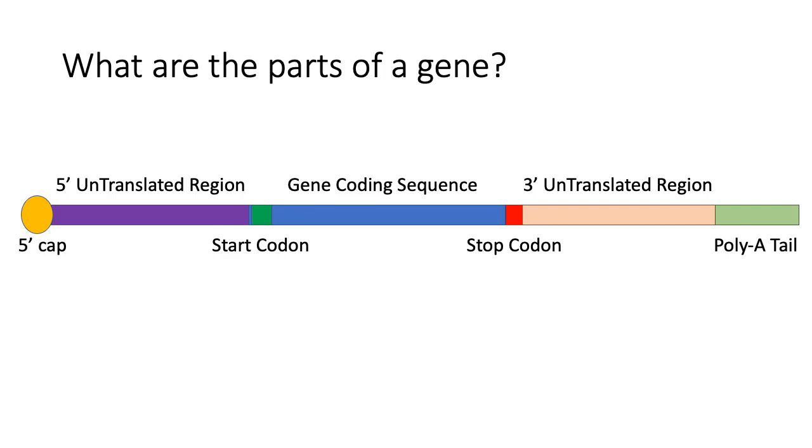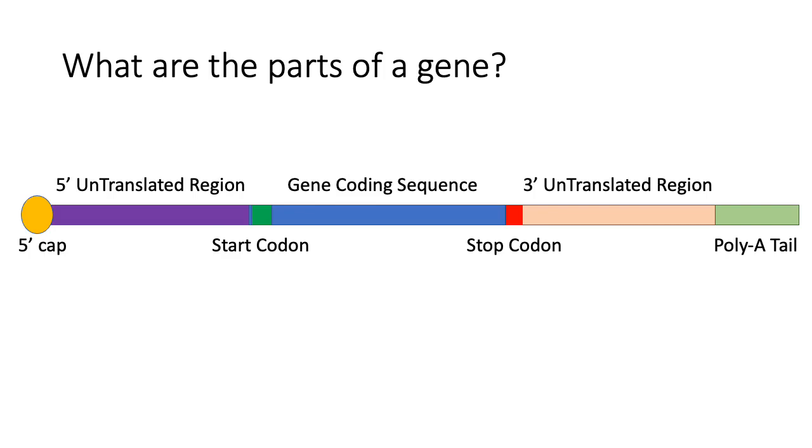But the sequences of those are TAA, TAU, and TUA. You should know those, actually. I'm not going to make you memorize which codon encodes which amino acid, the genetic code as it is. There's really no need for that because it's easily accessible throughout the entirety of the internet, but some things you just should know. Okay, so the gene coding sequence spans from your start codon to your stop codon.